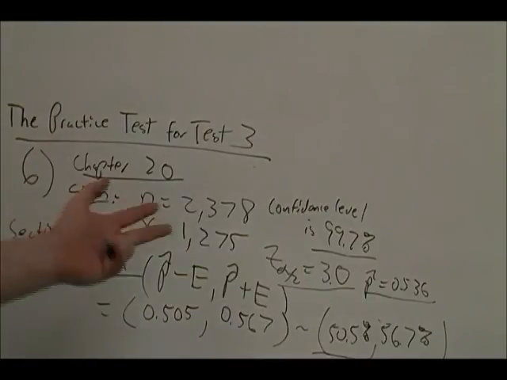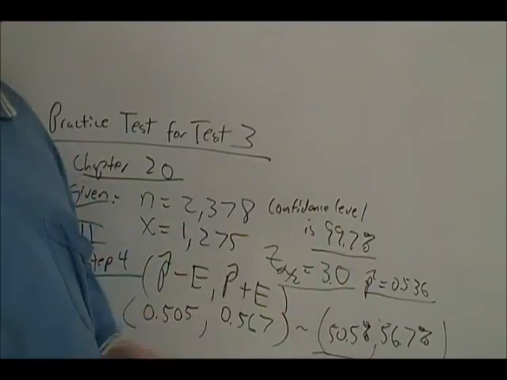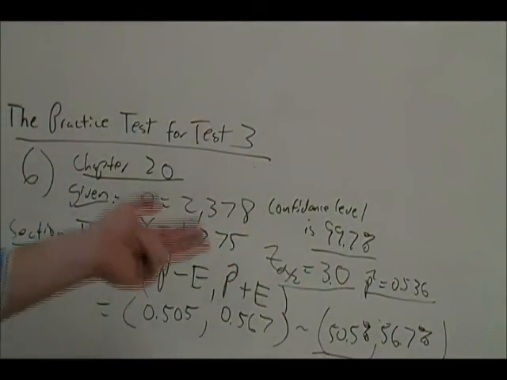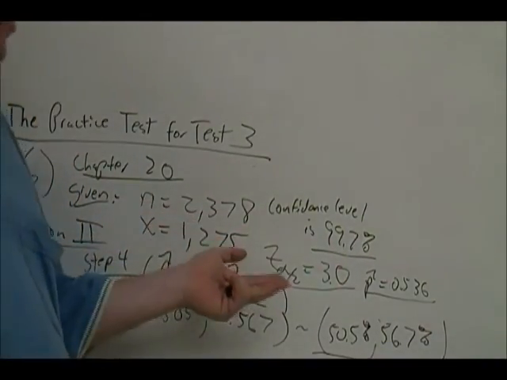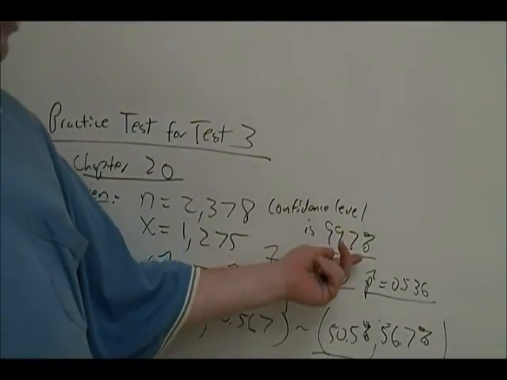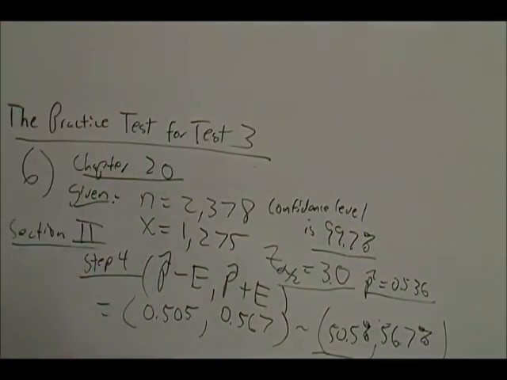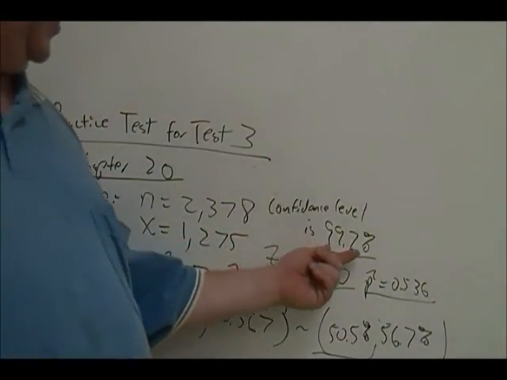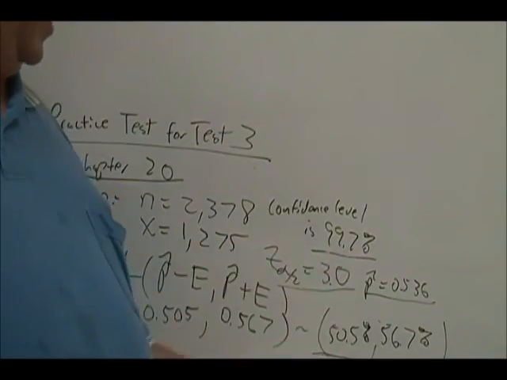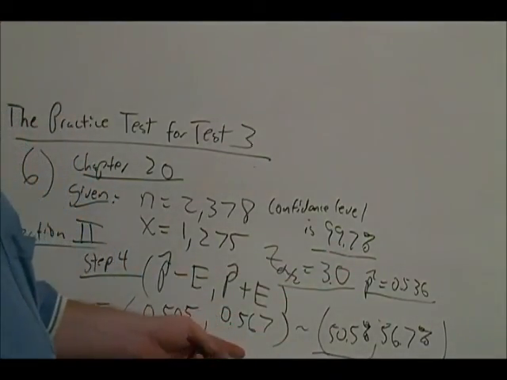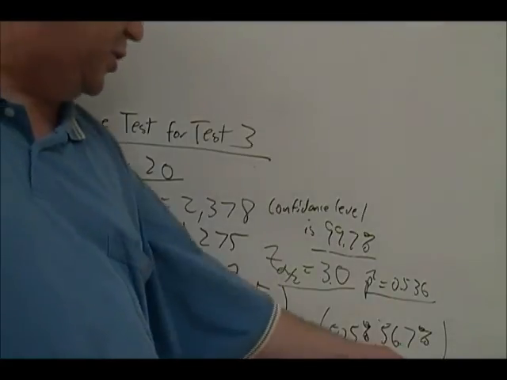Now, because it's an inferential study, no confidence level is based on 100% confidence. So that means there's still a 0.03% chance, or probability of 0.0003, that the actual population percentage of voters voting for Bill is not between these two numbers.